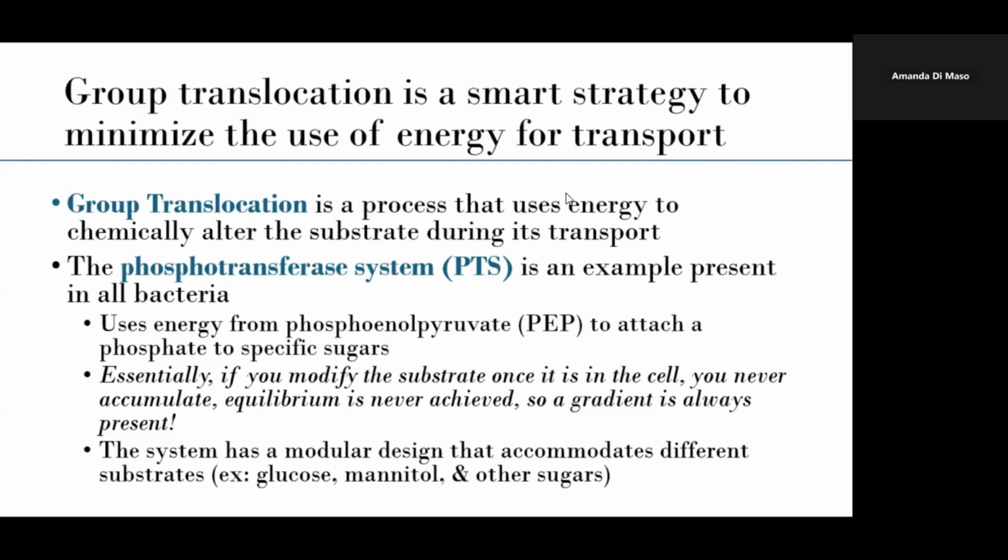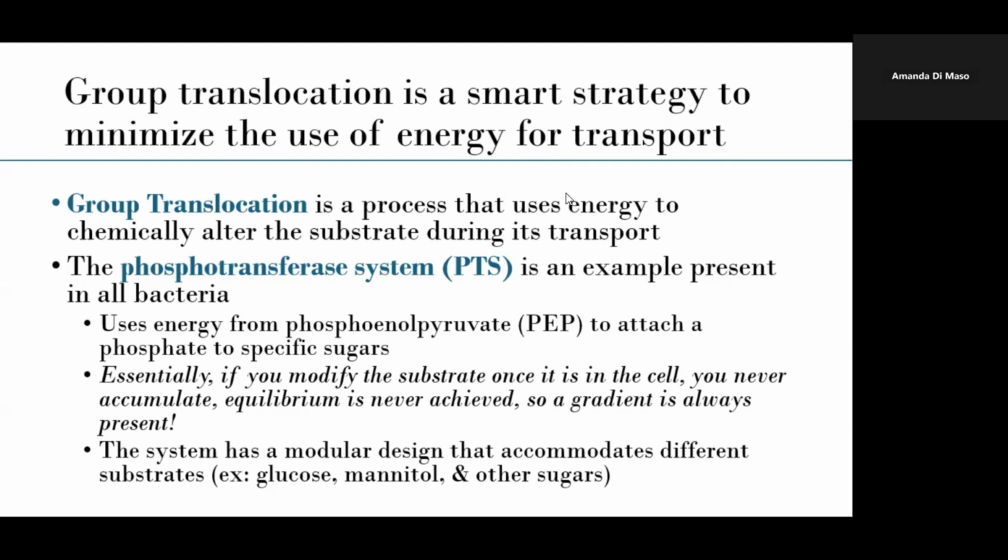It's really, really cool. So group translocation is a really neat process that uses energy to chemically alter the substrate during its transport. All right, let's talk about what that means exactly. We're going to use one example of group translocation here, the phosphotransferase system. And this is found in all bacteria.